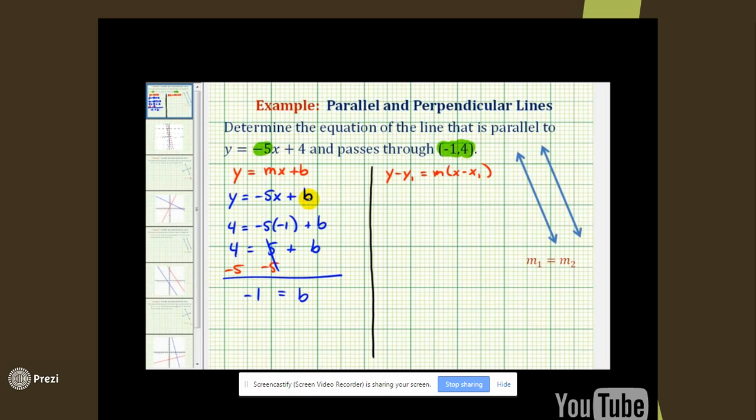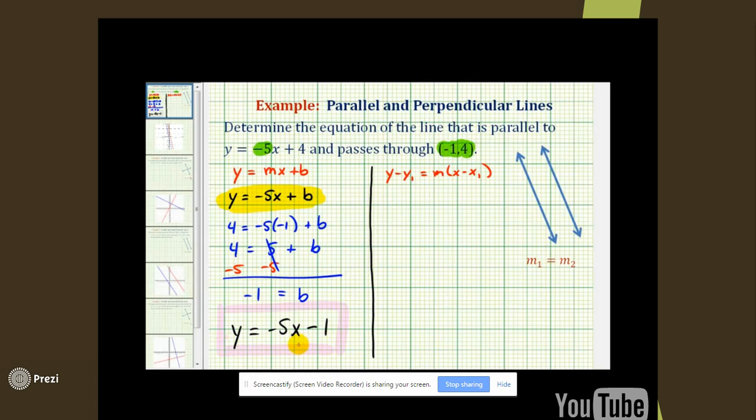Now we can substitute -1 for b into this equation, and we have the equation in slope-intercept form. We would have y equals -5x, and then plus -1 is equivalent to minus 1. So this would be our equation in slope-intercept form.